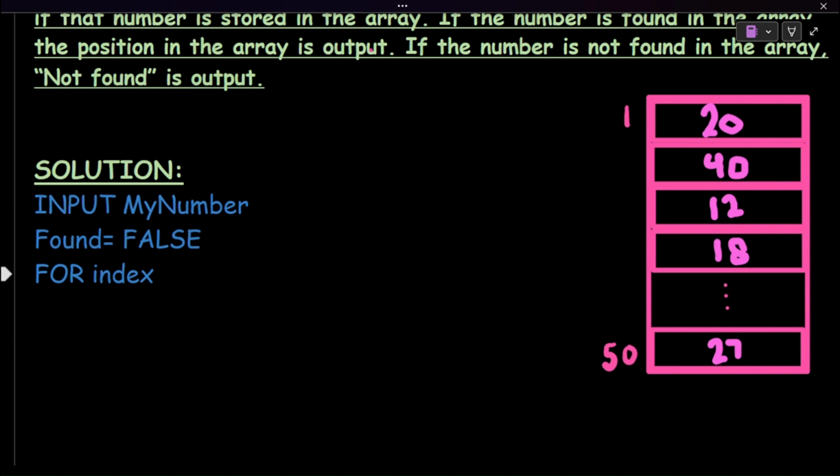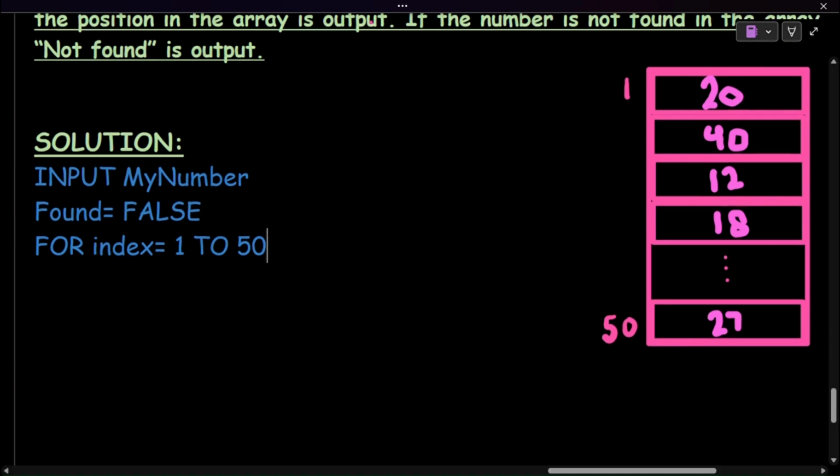Okay, so how many elements there are? There are 50 elements. So I'm going to start from the position 1 and end till the position 50. We have to start our index from 1 till 50 to search the element that we have to find.